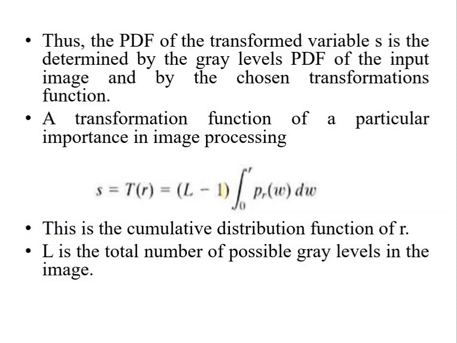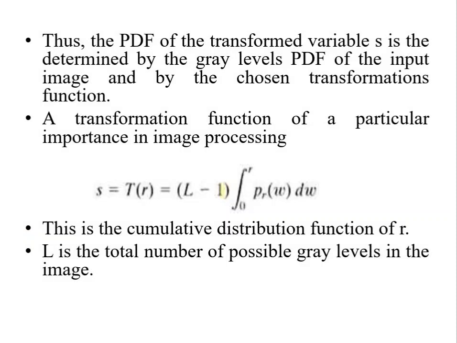The right side of the equation is recognized as the cumulative distribution function, that is, the CDF of random variable R. Because PDFs are always positive, and recalling that the integral of a function is the area under the function, the transformation function satisfies condition A, because the area under the function cannot decrease as R increases.